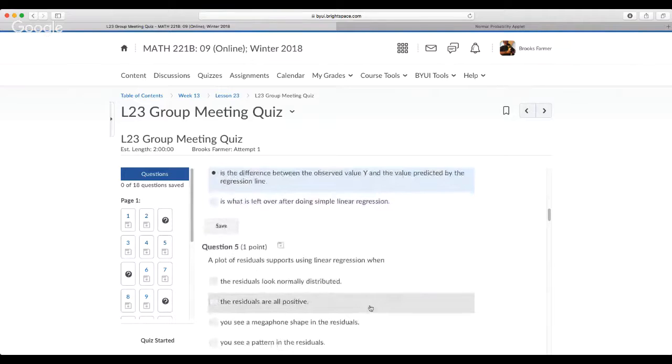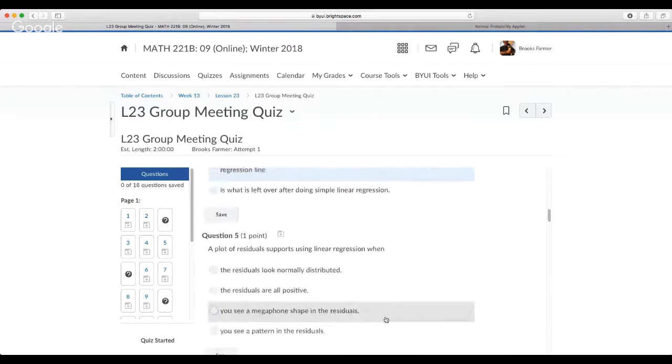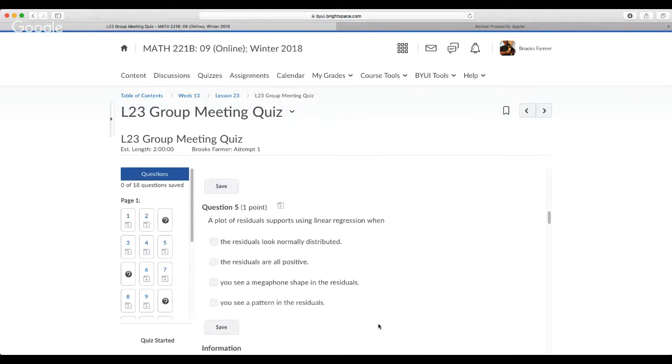So, want to read question 5? I can read it. A plot of residuals supports using linear regression when there's a low. I'm pulling it up on the deck. Would it be A?